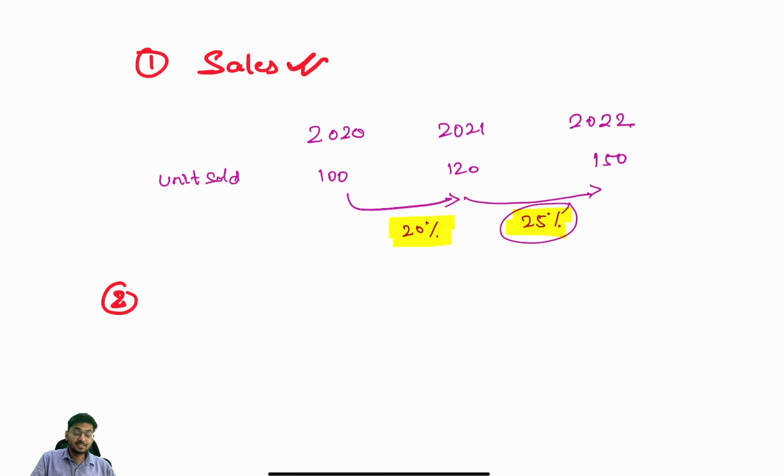Then we will come to the second point. Once you have identified the sales, you need to move to the cost. Now cost will involve the cost related to the goods which you are selling, the major cost, that is cost of goods sold. Then salary expenses and other overhead expenses. Based on how you are driving the revenue, sales and marketing expenses are there, depreciation expenses are there.